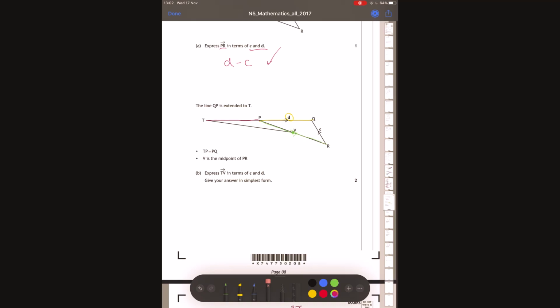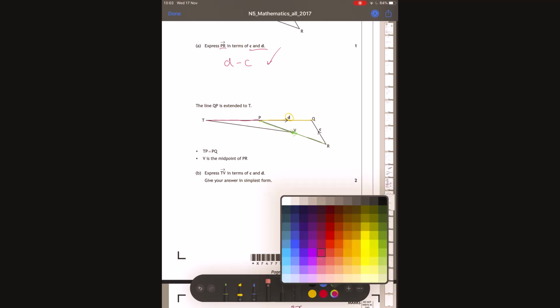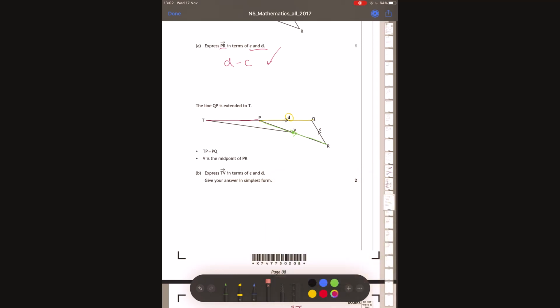So, knowing all this, how are we going to get from T to V? Well, we're going to have to go along this top line. You can go from T to P, and then P to Q. And then this is 2D, because this is equal to this.